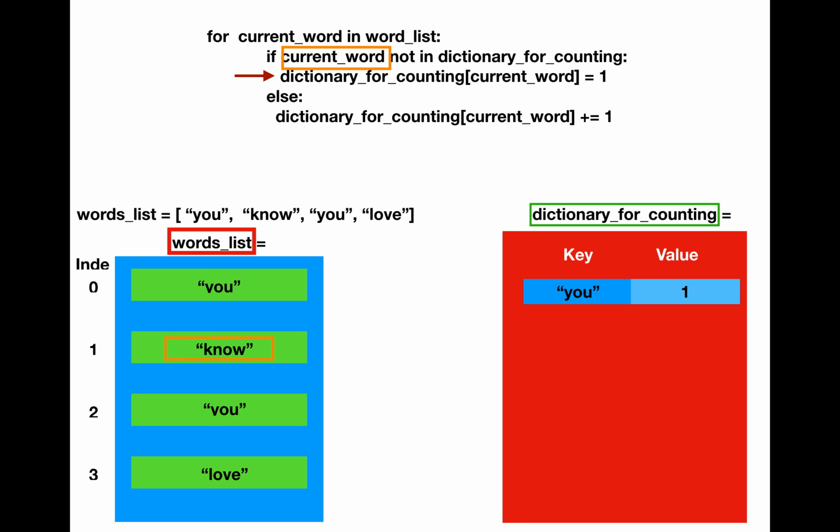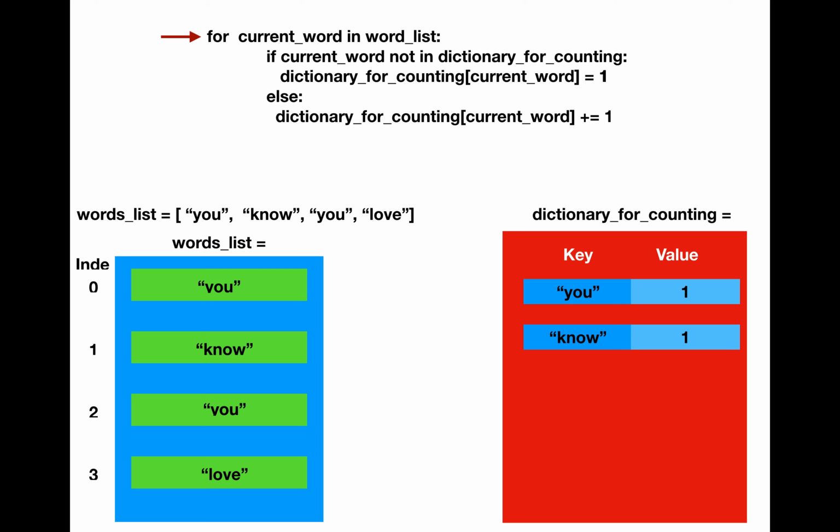And it's not. So then we assign the value of 1 to the string no. And we have counted these words. We found u one time, and we found no one time.